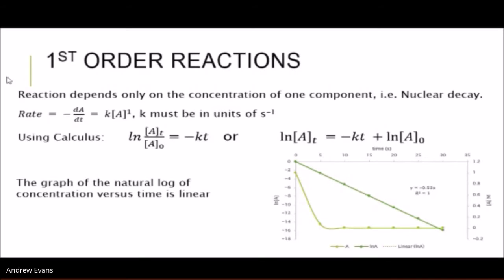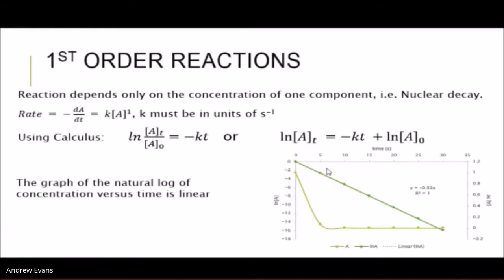Rearranging this into the traditional format, you have ln a sub t equals negative kt plus ln a sub 0. The ln a is our y, the negative k is our slope, the t is our x, and the plus ln a sub 0 is our b.